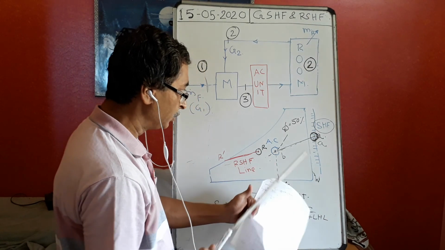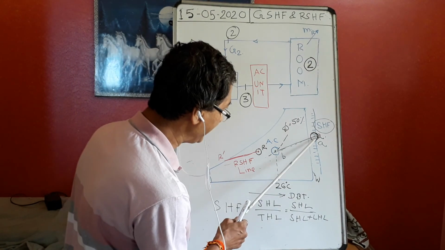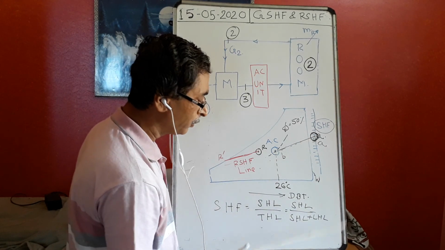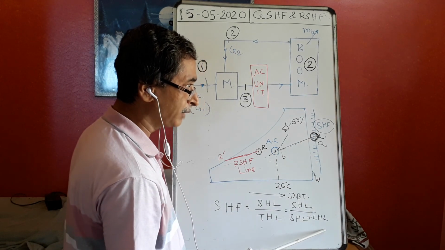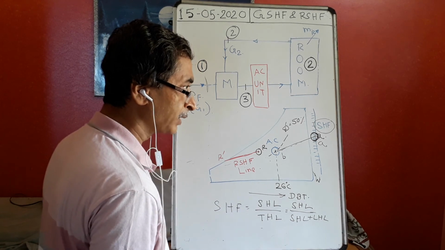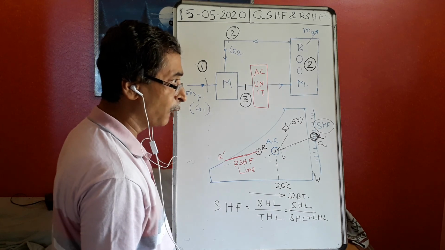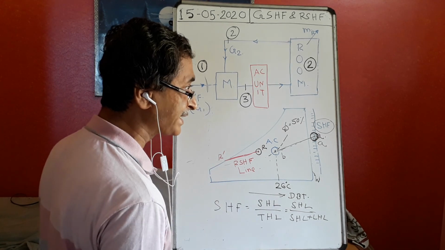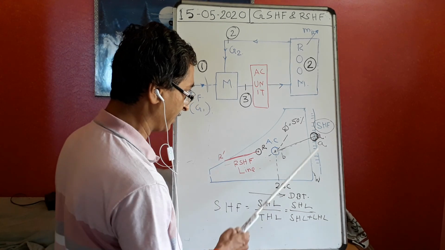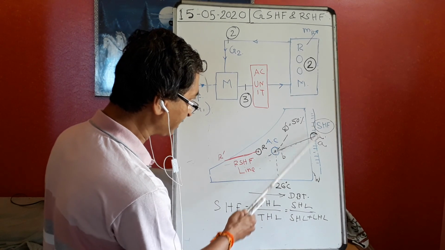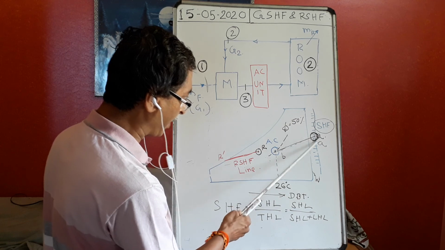For designing an air conditioning system, I need so much sensible heat factor. How will I know? From the load calculation of the room: how many guests will come, how many machineries there are, how many computers, how much lighting, fans, etc. So beforehand I know the sensible heat factor, and I can mark this point on the scale.